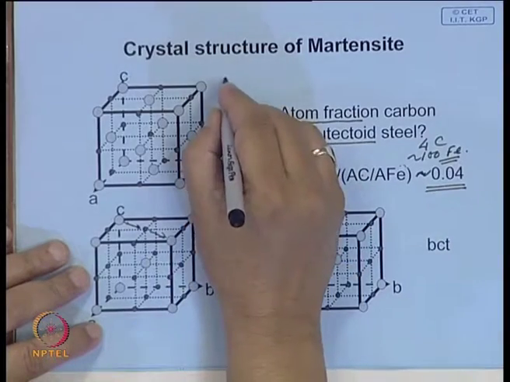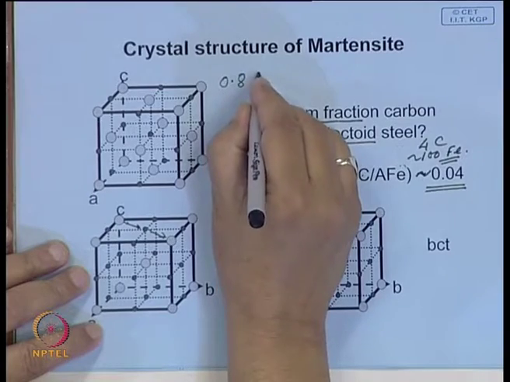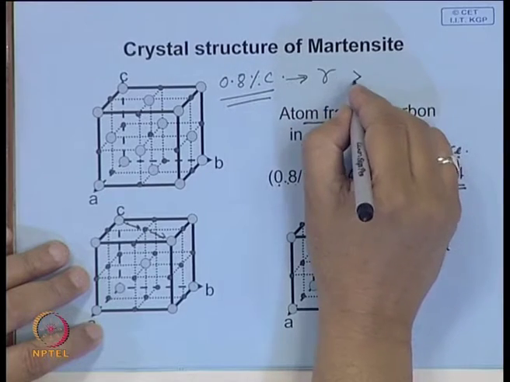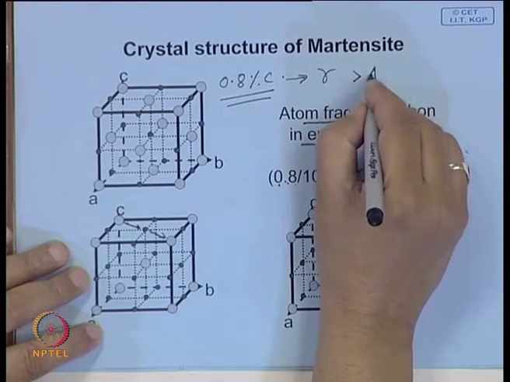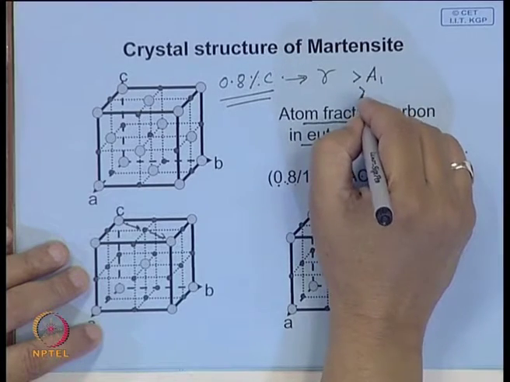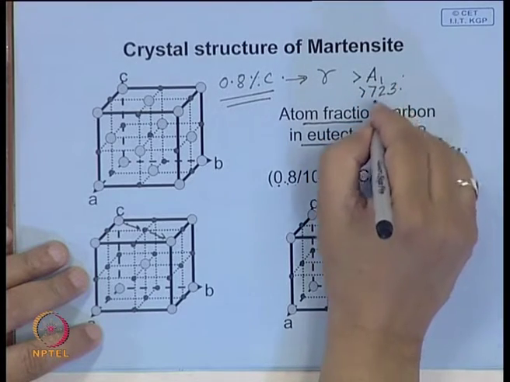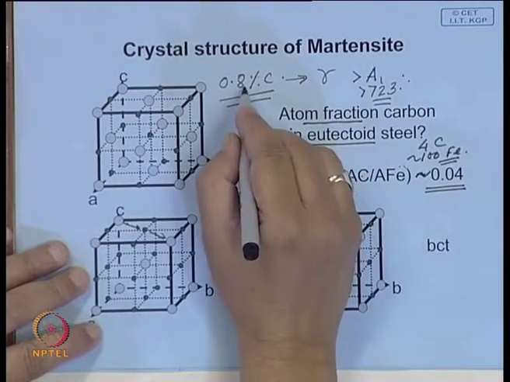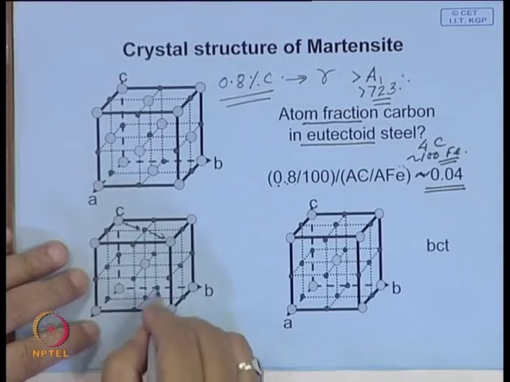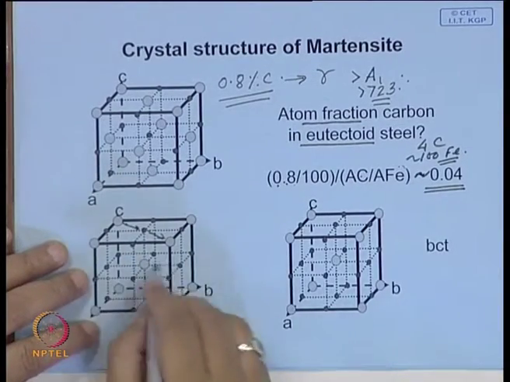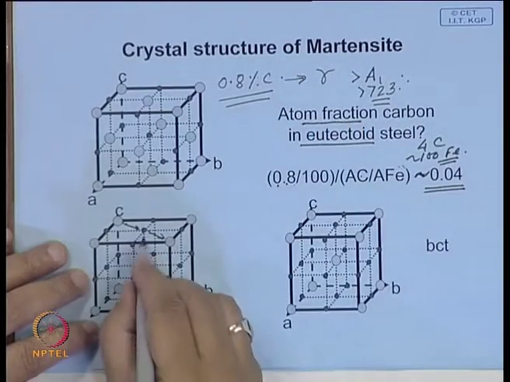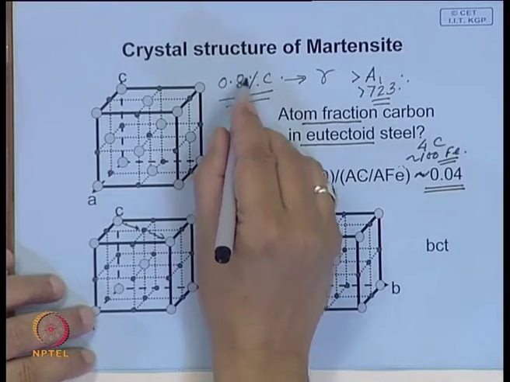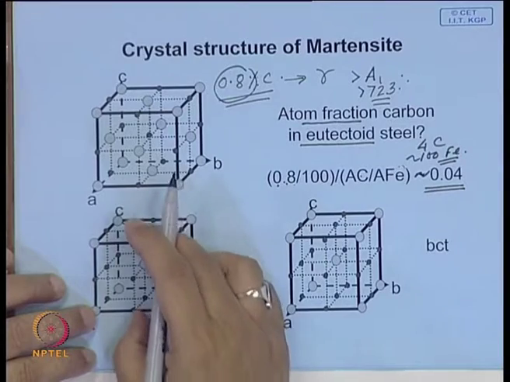Now, 0.8% carbon is fully soluble in austenite, that is if the temperature is greater than A1, or 723 degree centigrade. Now, imagine you have heated this and you have 0.8% carbon. Here also you have plenty of sites, much more than what you have here, but these sites are smaller.